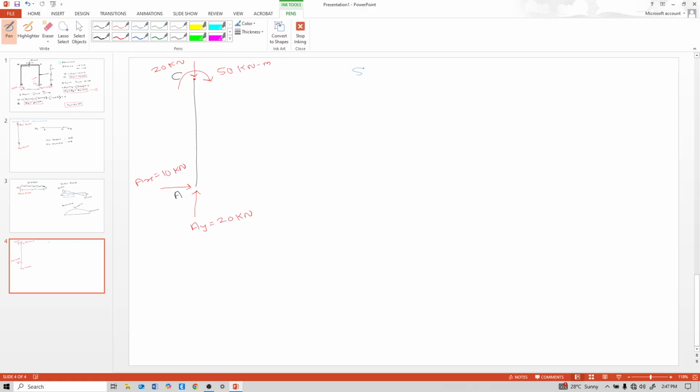Shear force. For your understanding, see this beam like a horizontal beam. Here A, here C, here 10 kilonewton X. Just rotate this beam clockwise, like this.